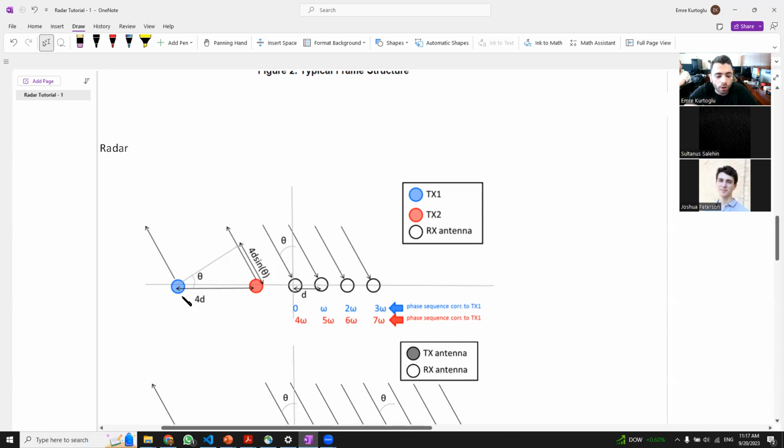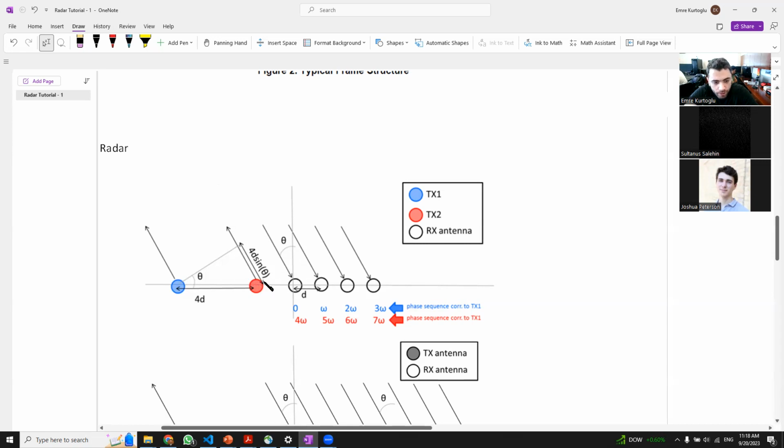Okay. So now, when we have two transmitters, what can we do? We can first transmit with the first transmitter. Let's say there's a target here. We transmit one pulse with this, and it reflects back from the target and hits all the receivers one by one.